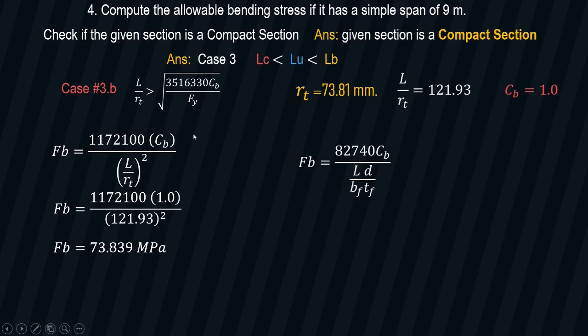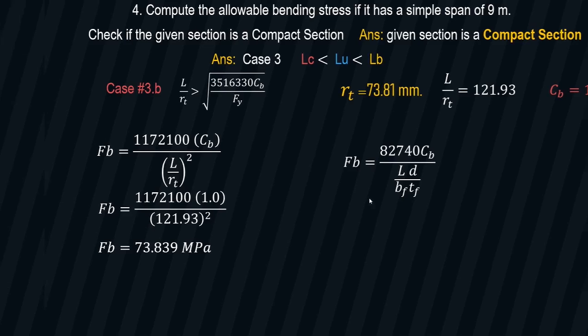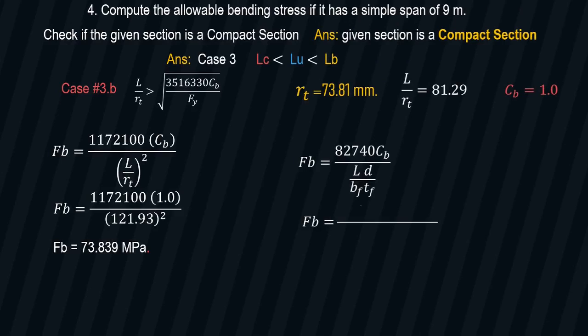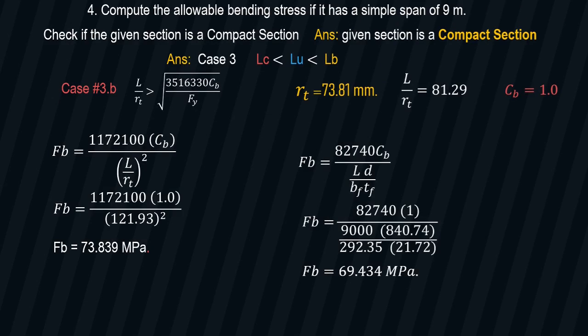We will need the value of the depth, the width of the flange, and the thickness of the flange. So we have here the depth, the thickness of the flange, and the width of the flange, and we'll substitute it here. So we have the value of FB will be 69.434 megapascal. Now obviously 73.839 is not lesser than this one, so this is our answer.